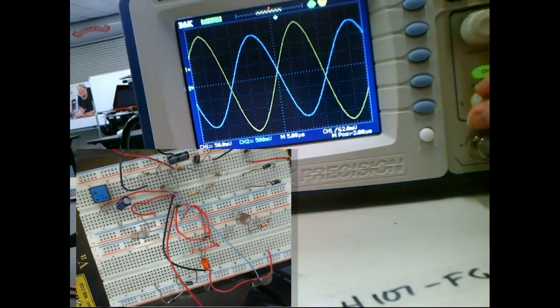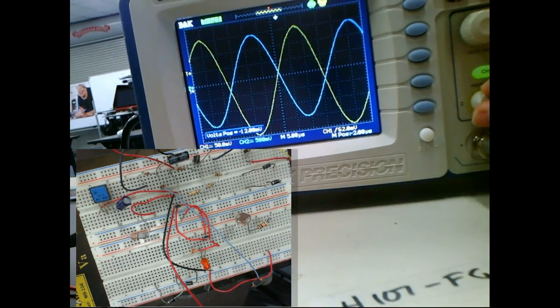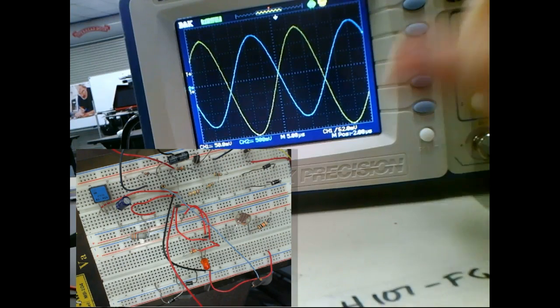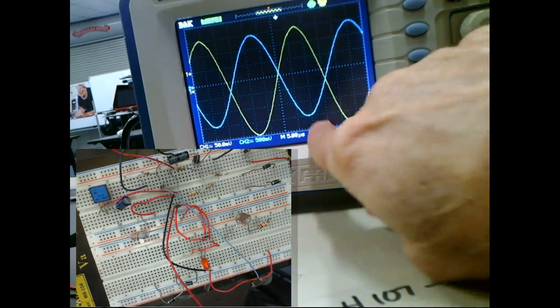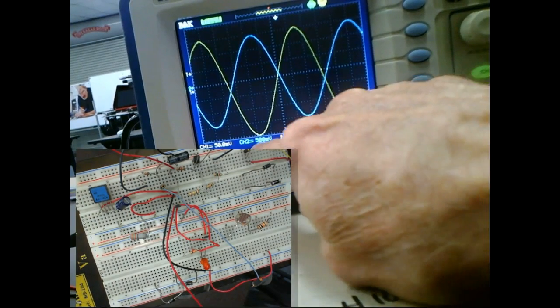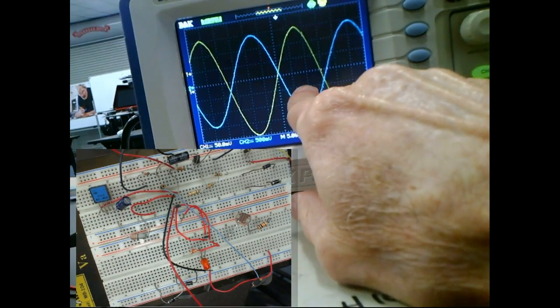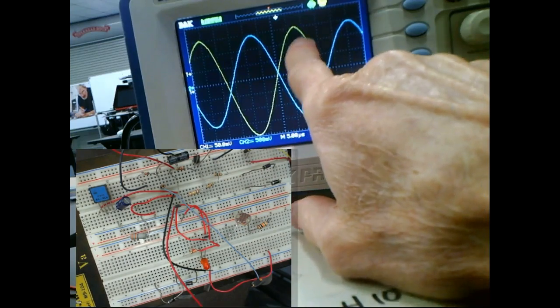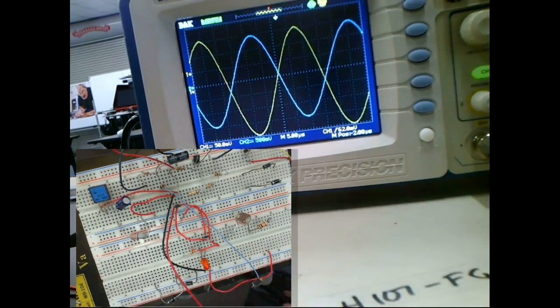I'm going to move this down. We know we got, what did we say? 350 millivolts coming in. Okay, so I'm going to take my green one. It's on a line. So I got 1, 2, 3, 3.5 volts. 3.5 volts out.